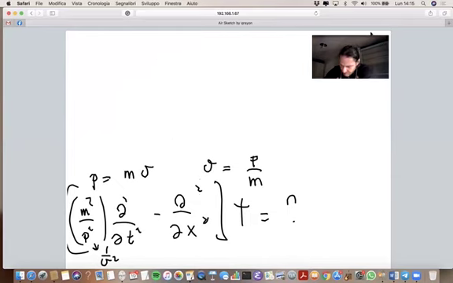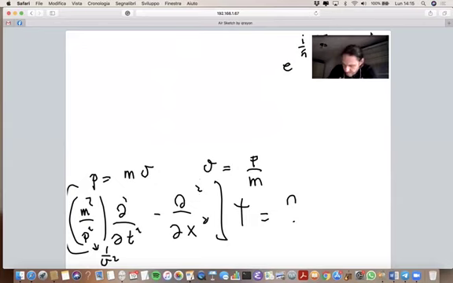So, psi is e to the i over h bar, omega t minus p dot x, right? So let's take the second derivative with respect to time. Oh, sorry, this is h.